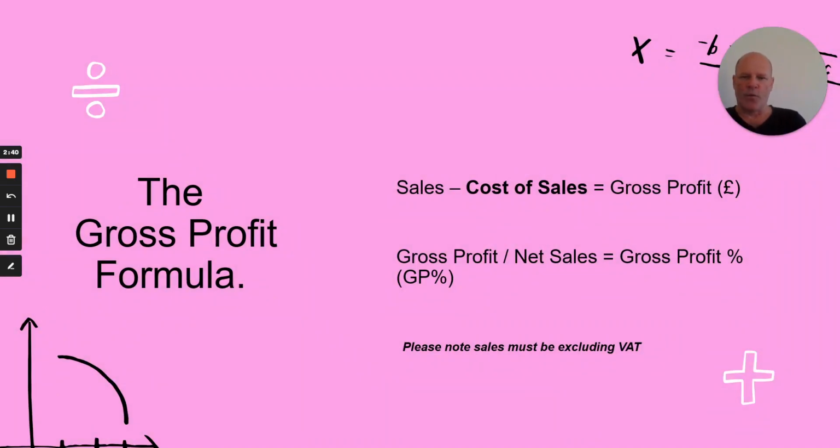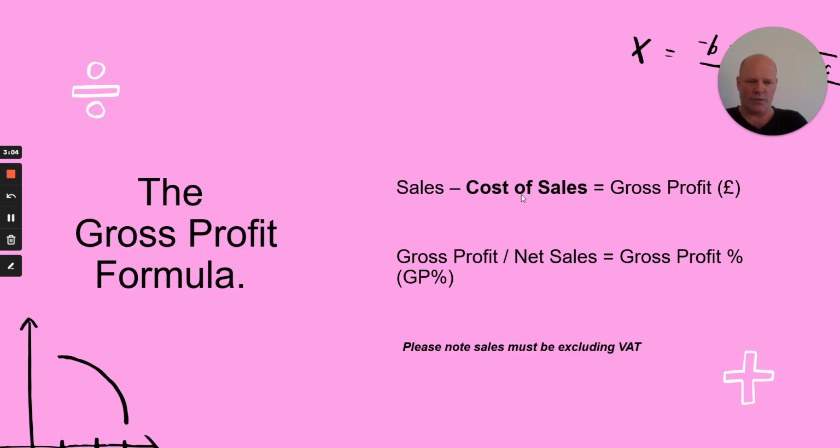So the gross profit formula for, let's say, a period of 1 month would be your sales for that month minus the cost of sales for that month, and I've put that in bold because we're going to discuss that in a bit more detail in the next slide, and that would give you the gross profit for the month.